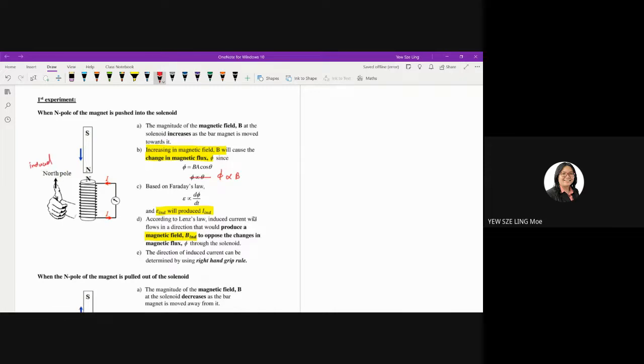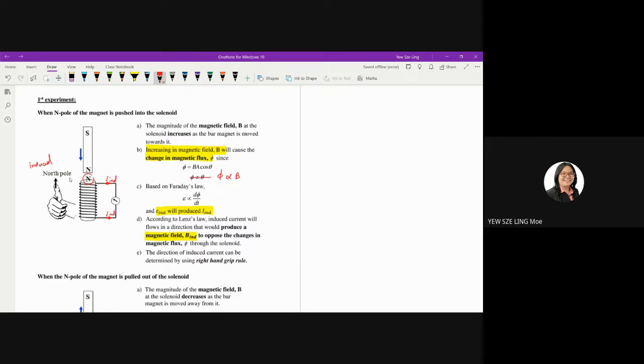When you move the magnet's N pole towards it, it will generate an N pole to push the magnet away because it doesn't want the magnetic field lines passing through it to increase. So by using your right-hand grip rule, you know the direction of the induced north pole. From there, you then determine the direction of induced current.